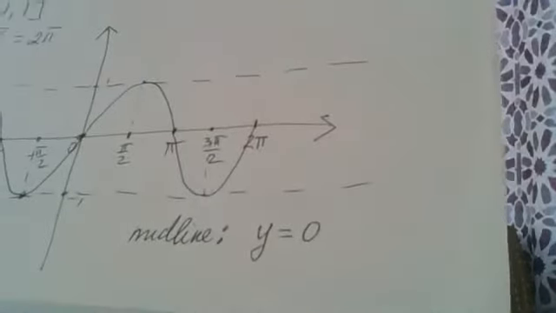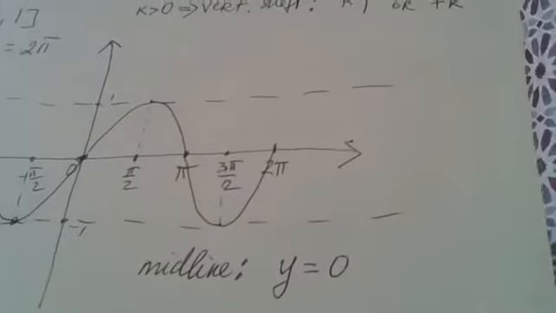So for the basic function, k is equal to 0. I'm writing below that graph: the midline has an equation y equals k. So if k is equal to 0, the horizontal line is y equals 0.